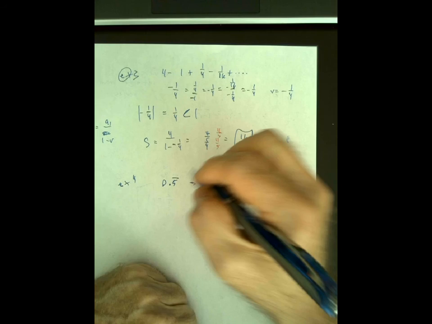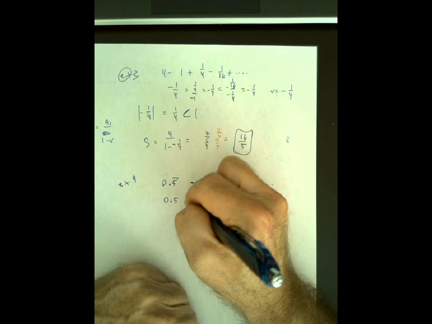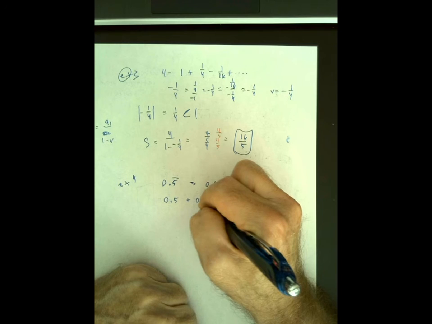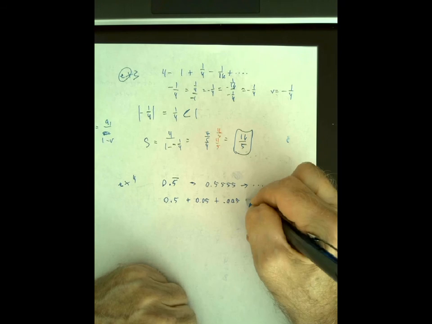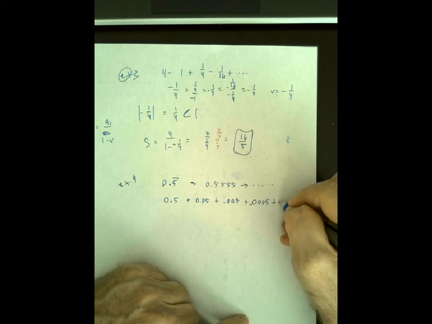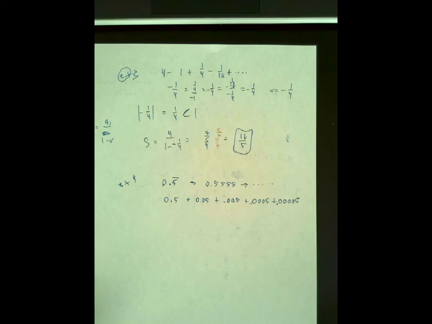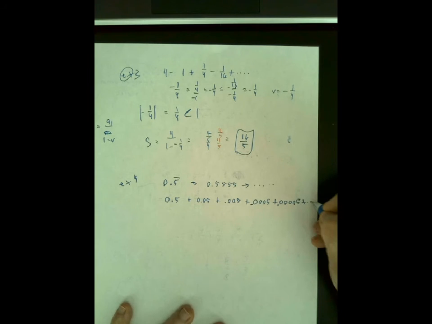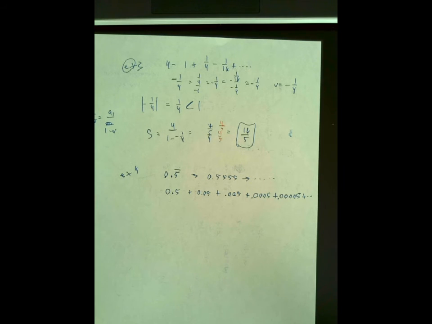Because that starts out as 0.5 plus 0.05 plus 0.005 plus 0.0005 plus 0.00005. We keep adding one more zero, right? And then it keeps going forever. So these repeating decimals are actually infinite geometric series.